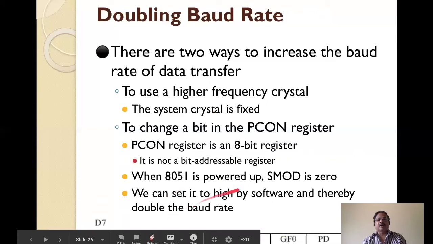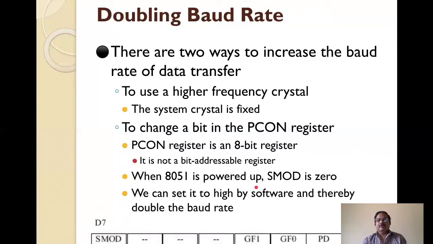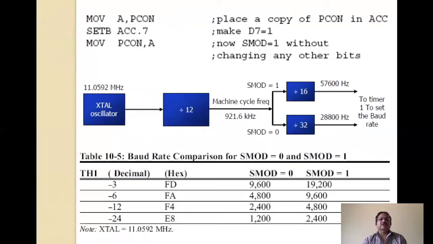Let us see how the SMOD bit of the PCON register can be set using instructions. Here you can see, load the contents of PCON into the accumulator and then set bit accumulator 0.7.